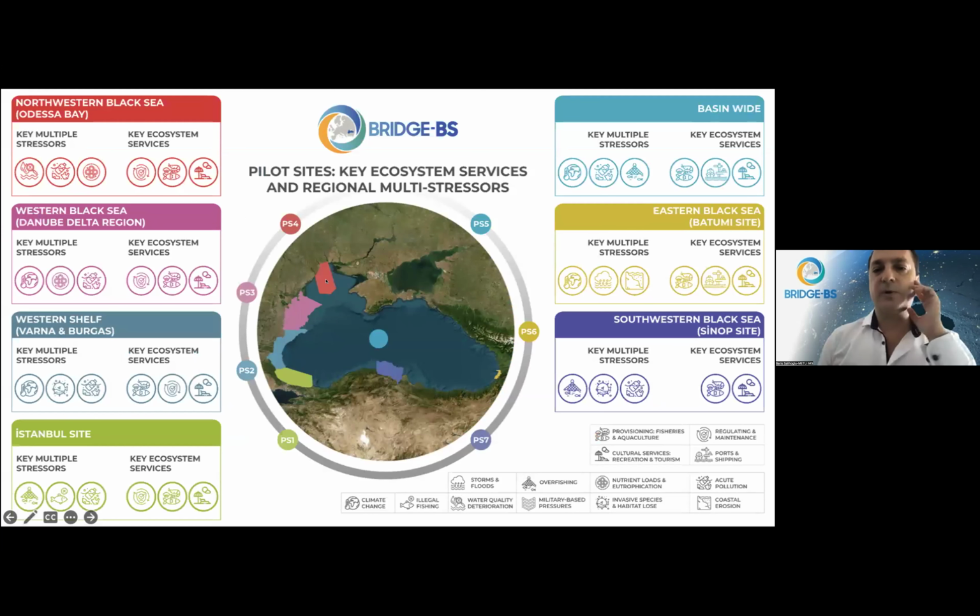If you go on the BRIDGE webpage, you will see that we have both a basin approach and a pilot sites approach. So at the moment, we have already defined the key ecosystem services and the main multi-stressors that are acting on these services and analyzed them both at the basin scale level, but also at the pilot scale level.